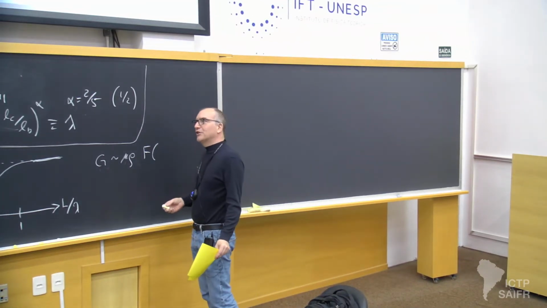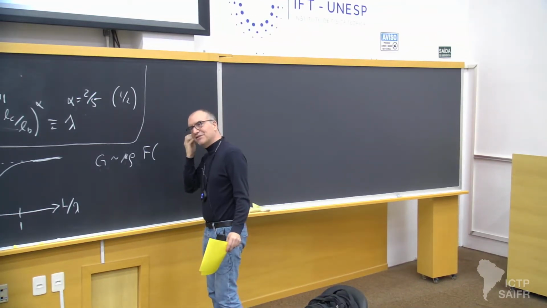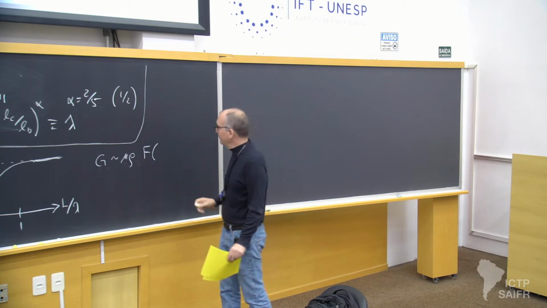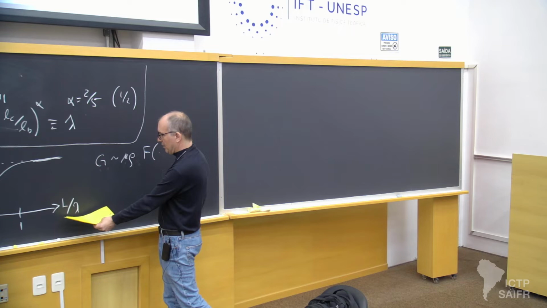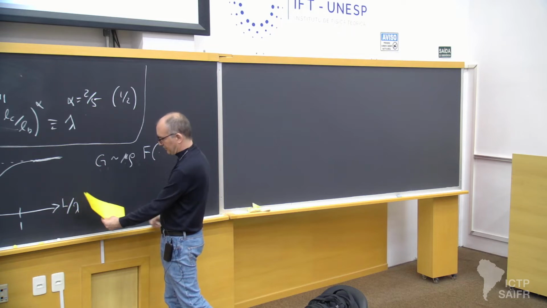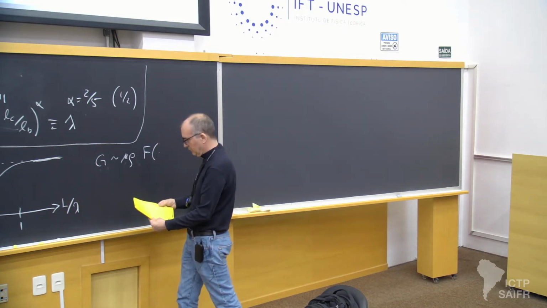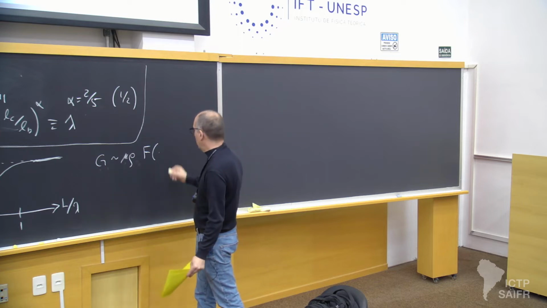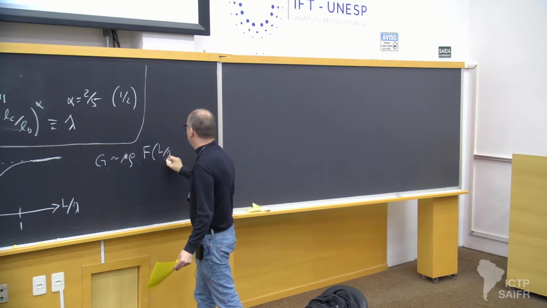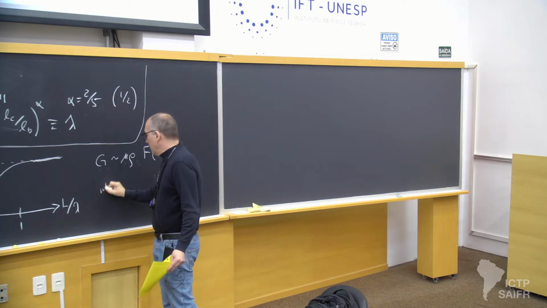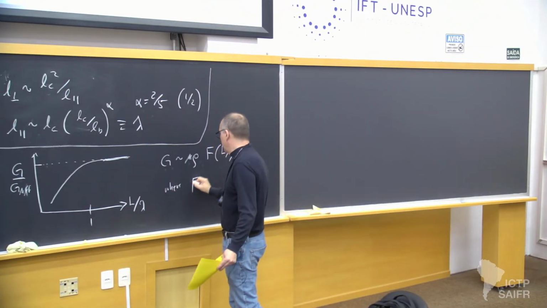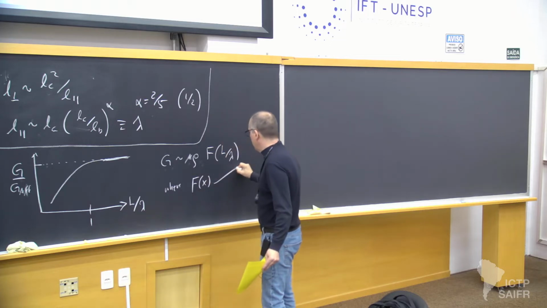Don't quite want to call it a universal scaling function. That's at least suggesting a scaling function. And the scaling function should have as an argument L over lambda, where f of x takes on two different limits.